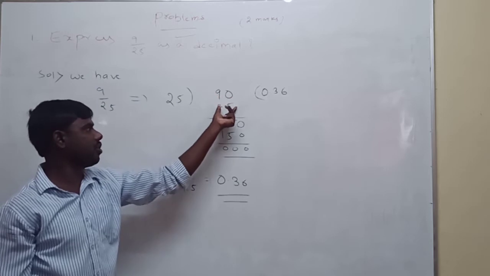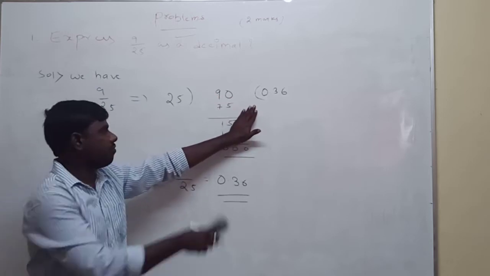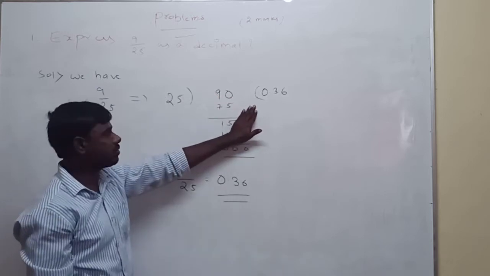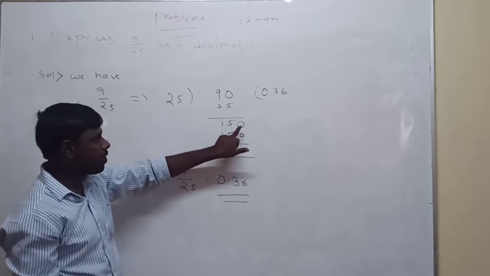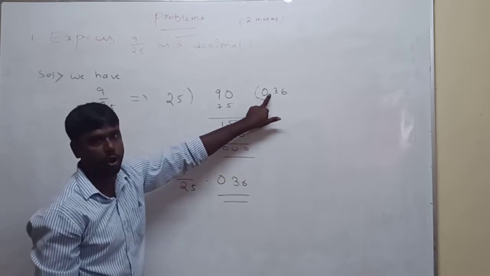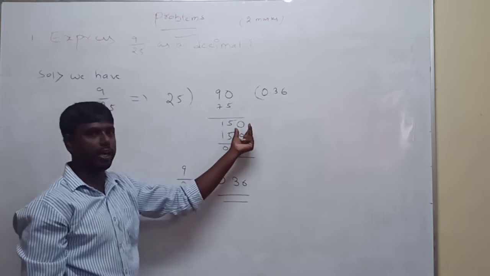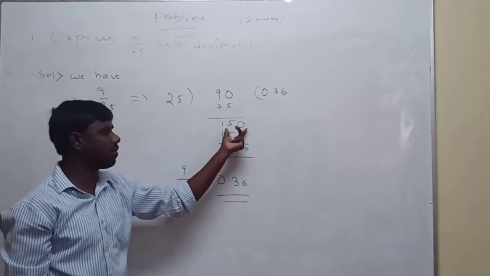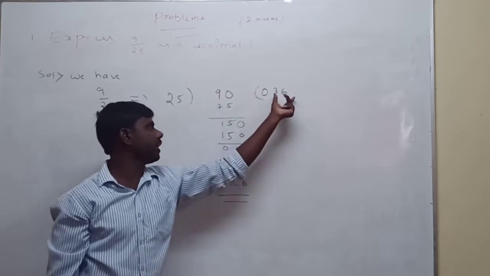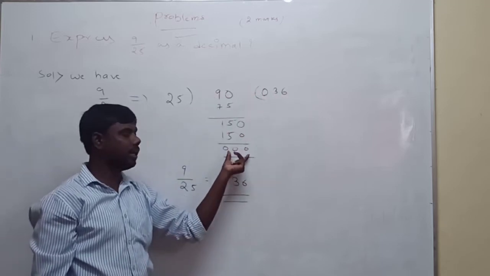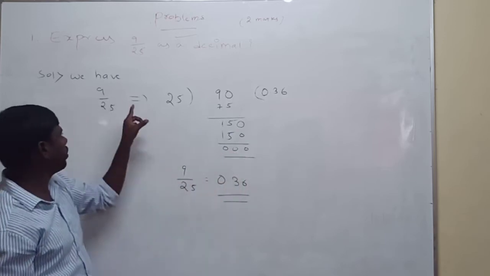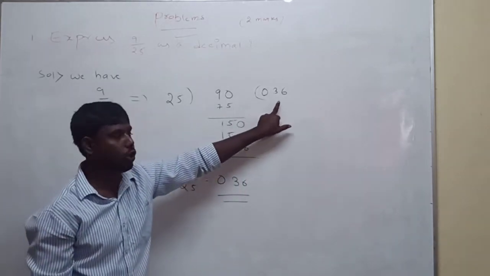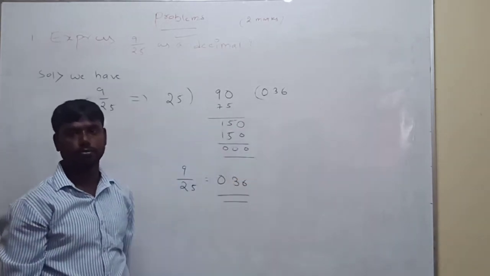So 90 minus 75 is 15. 15 is not divisible by 25, so directly we add 0. Why are we adding 0? Already we put the point, so directly we can add 0. Next, which number multiplied gives the nearest or equal number? 25 into 6 is 150. Finally the remainder is 0. So the value of 9/25 is 0.36.